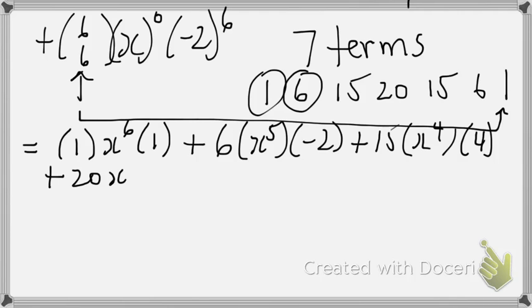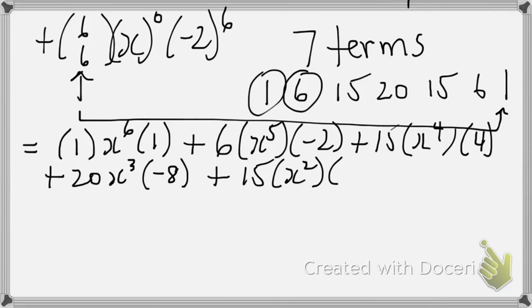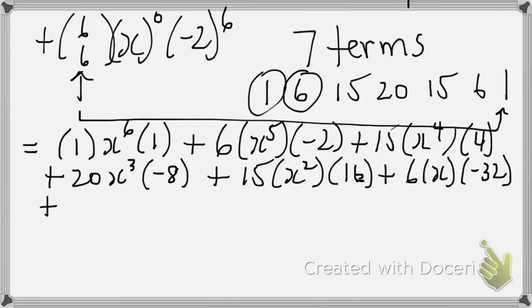20, x to the power of 6, 5, 4, so now we're on 3, times negative 2 to the power of 3, which is negative 8, plus 15 times x squared times negative 2 to the power of 4, which is 16, plus 6 times x times negative 2 to the power of 5, which is negative 32, plus 1 times, actually x to the 0, which is just 1, so I should rub that out.